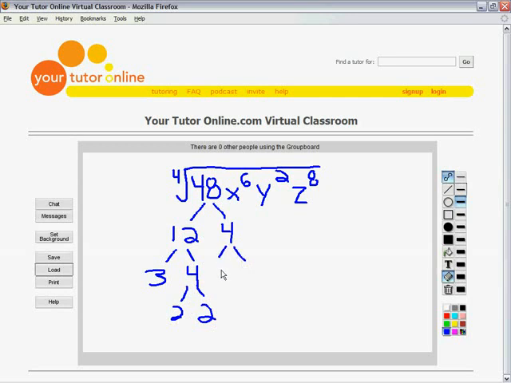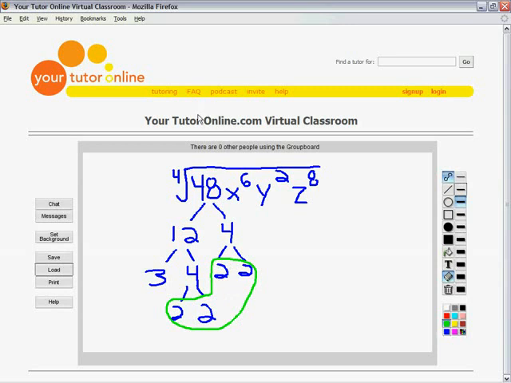And this 4 is 2 times 2. This time we're going to be looking for groups of 4 because we're dealing with the fourth root. So here I found 4 2's. So the 2 is going to come out, and the 3 will stay inside.